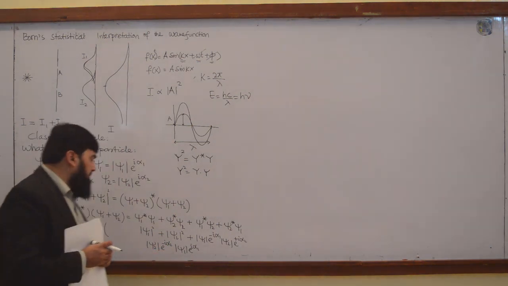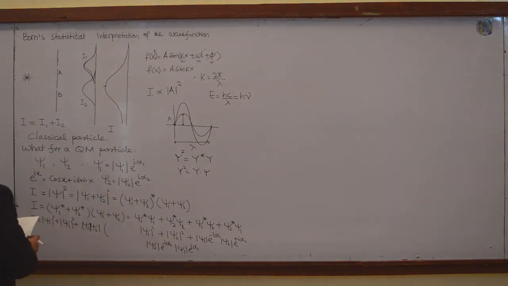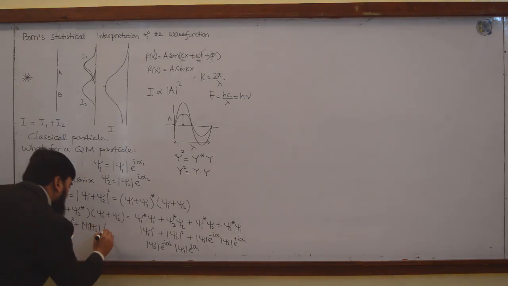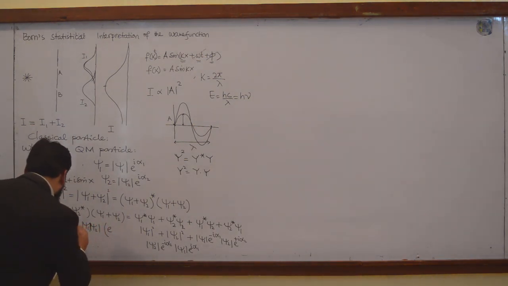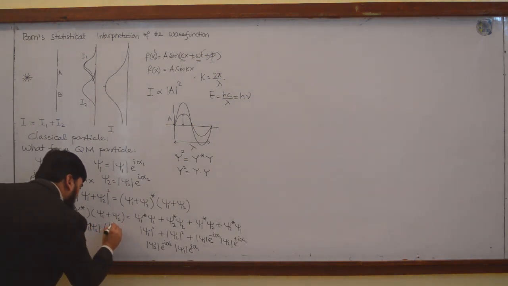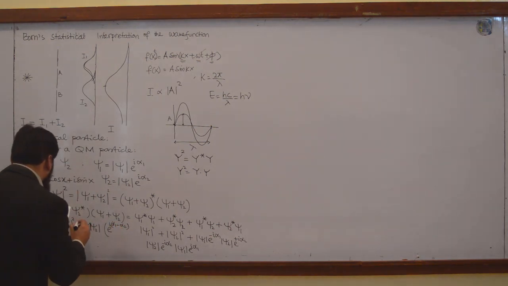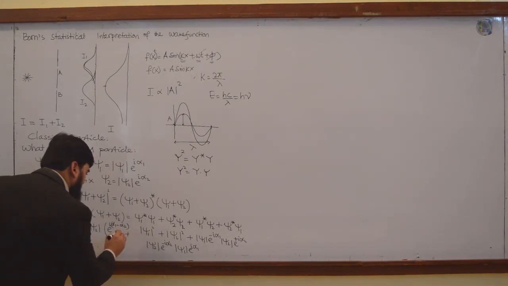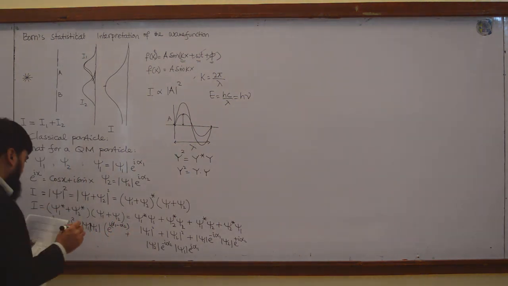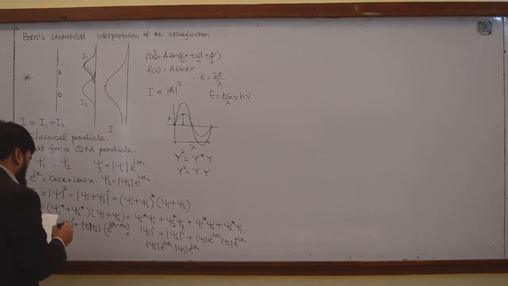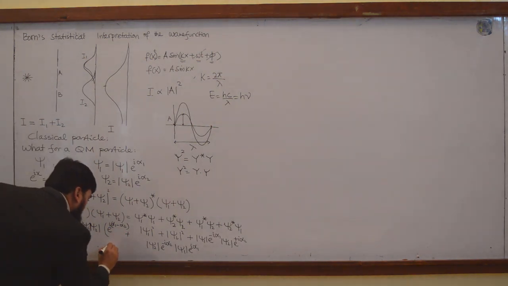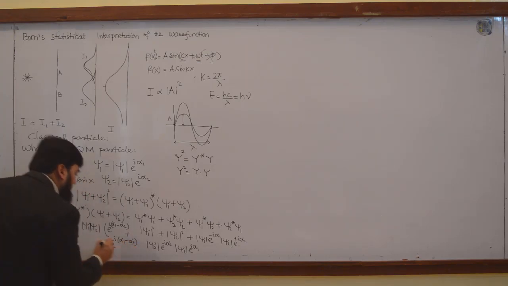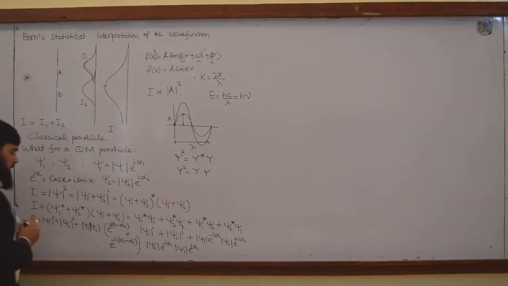So I can combine them and write that this will be e to the power i alpha 1 minus alpha 2 plus e to the power minus i alpha 1 minus alpha 2, and this will be closed.